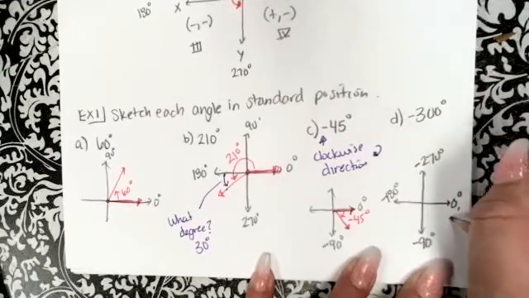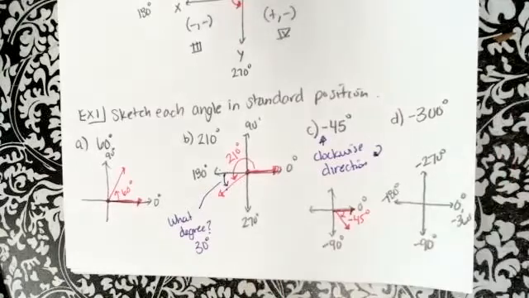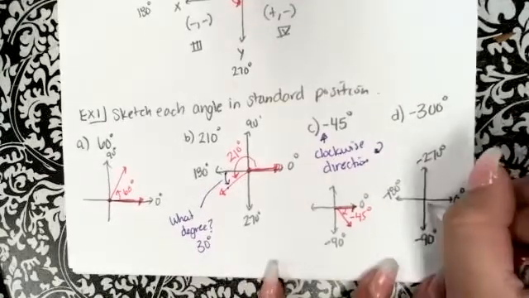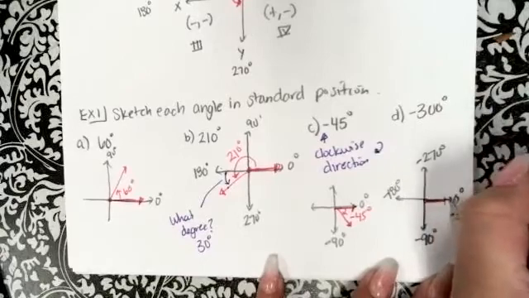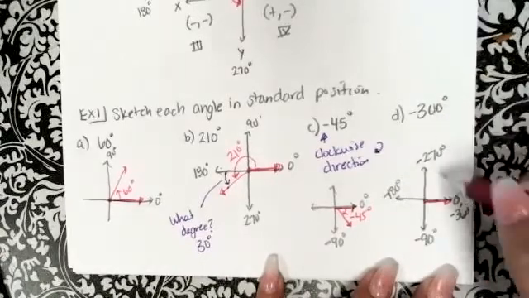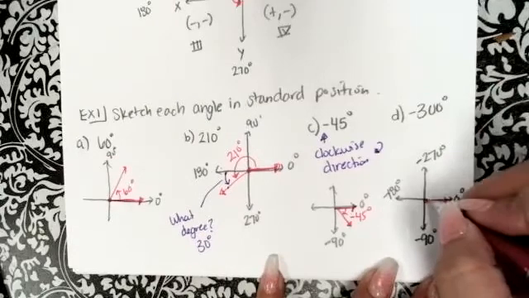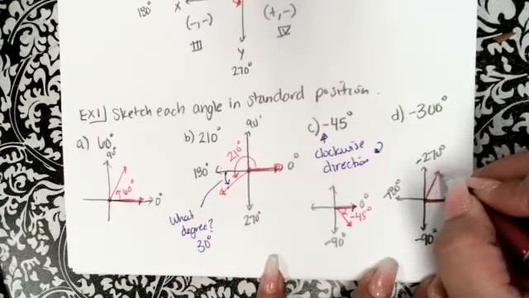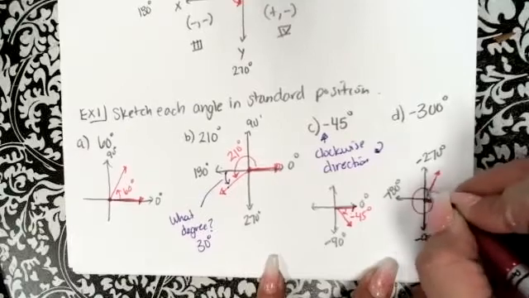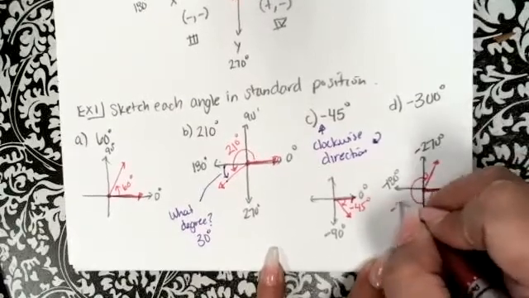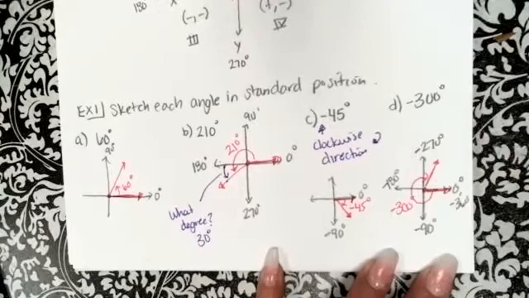And then this is going to be negative 360 again. So now we're almost making a full circle. We're going to start here, but now you're going to go to negative 300, which is between negative 270 and negative 360. So it's going to end somewhere right here. And you are going this way. And that's going to be the negative 300 degrees.